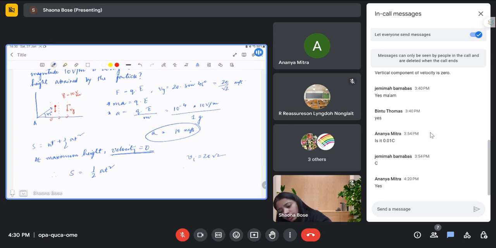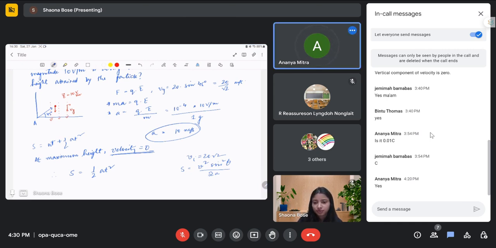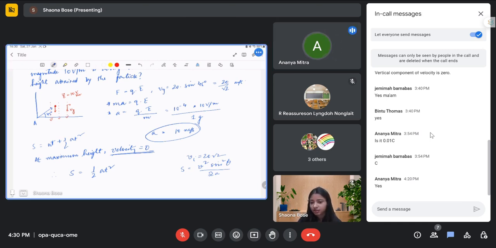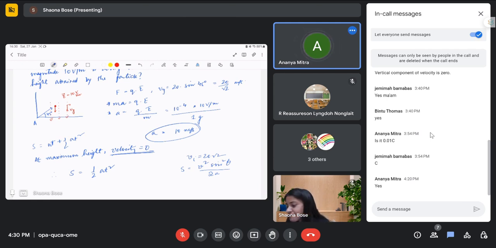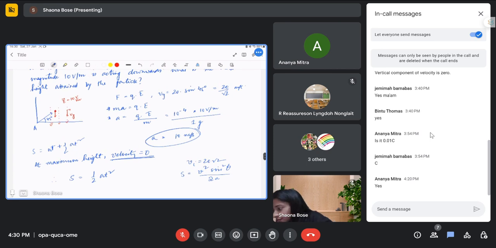Can I write a formula like this: H equals u square sine square theta by 2a? Yes. So what will I get?